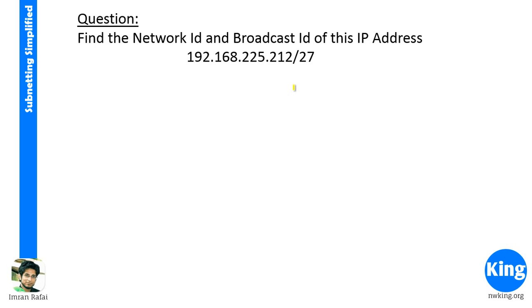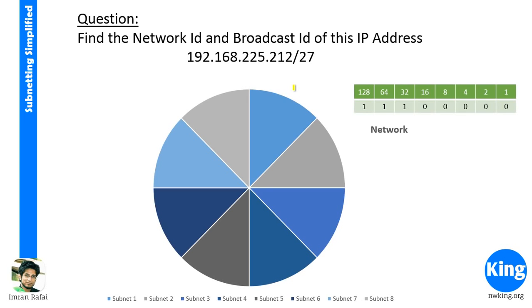Quickly, we say /27. We know 24 is class C, then 25, 26, 27, so that is 3 bits. As seen on your magic table, 3 bits means each of these subnets has 32 as a block size. That means it has 30 hosts in each of these networks.